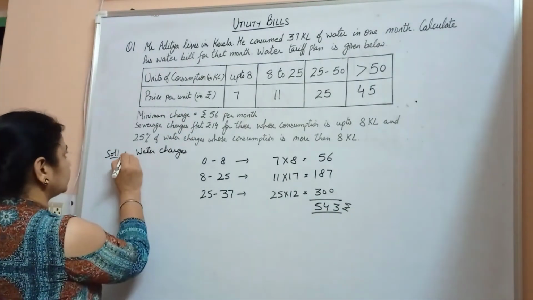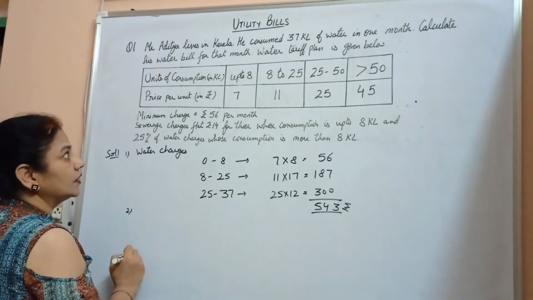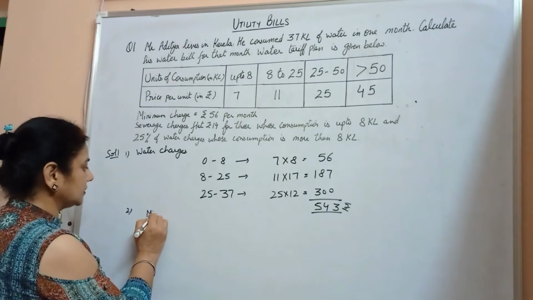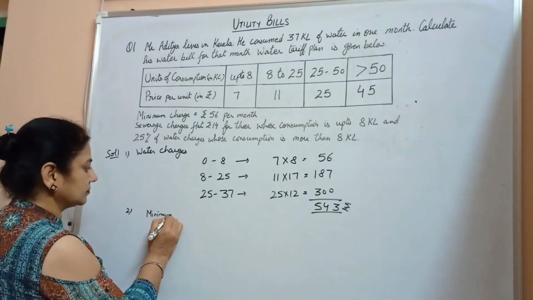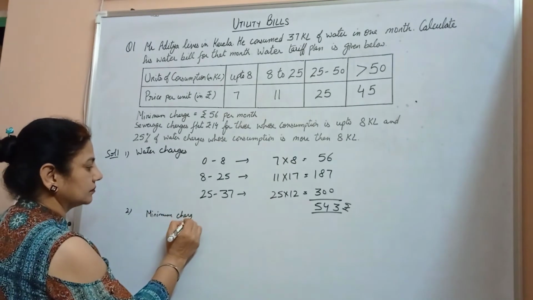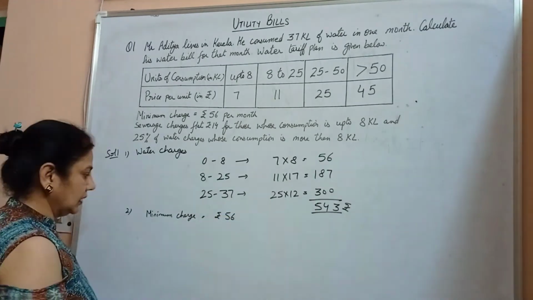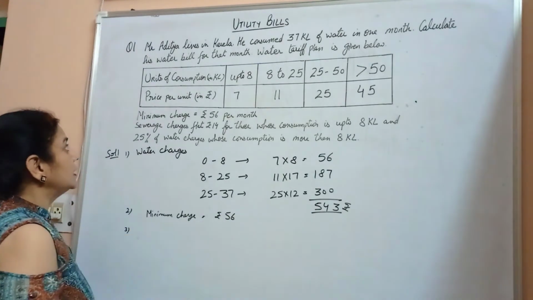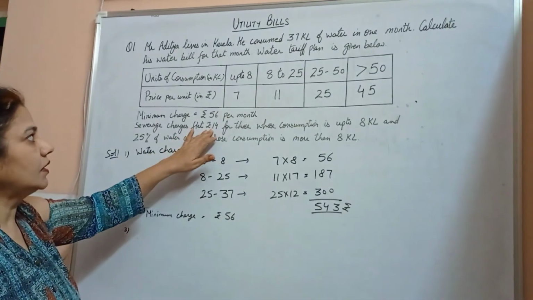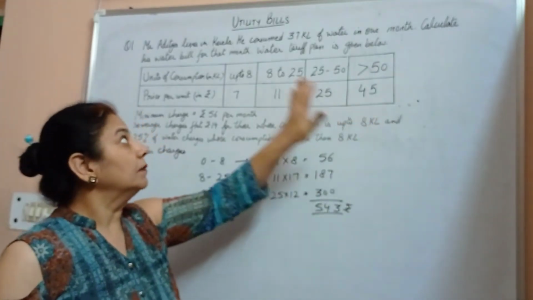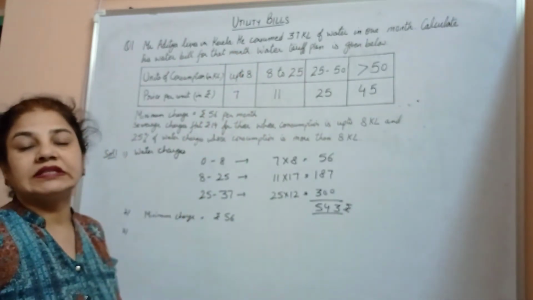Second, the minimum charge is given to us as 56 rupees, which will be added on. Third step is sewerage charges: a flat 14 for those whose consumption is up to 8 kiloliters. But Mr. Aditya consumed 37 kiloliters.